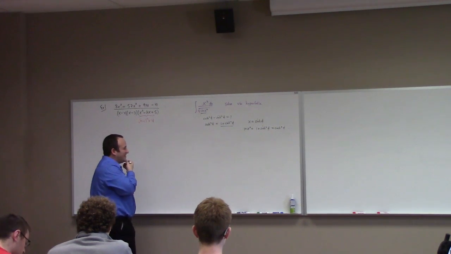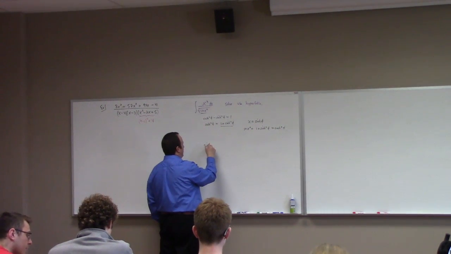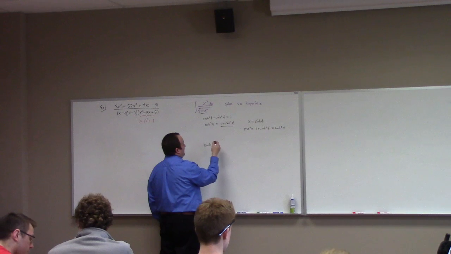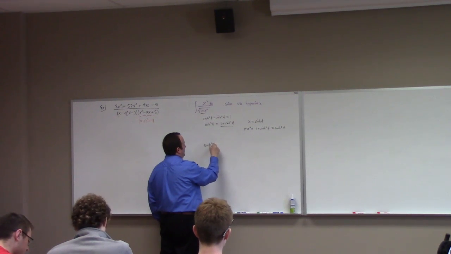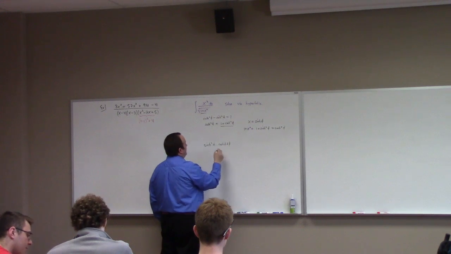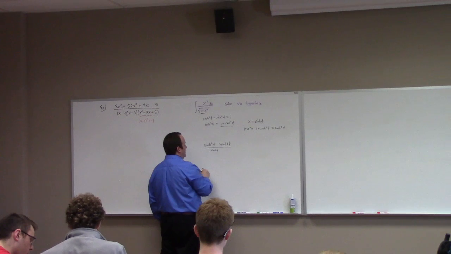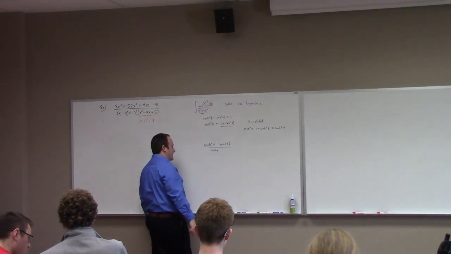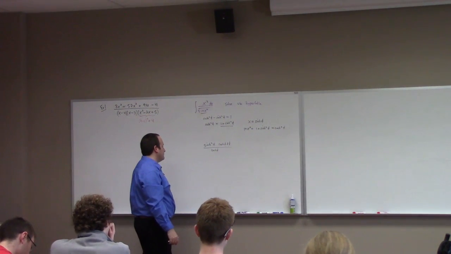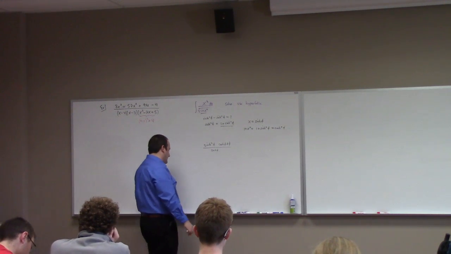Just eyeballing it, I won't work it all out, let me just look at it for a second here. I guess you get sinh squared phi, you get cosh phi d phi, and you divide by cosh phi. So once you make the simplification, you've got an integral of sinh squared to deal with. How do you integrate sinh squared phi?